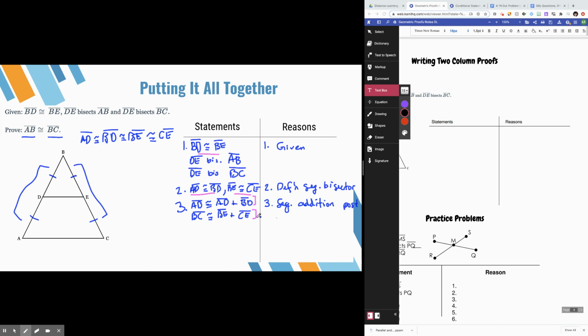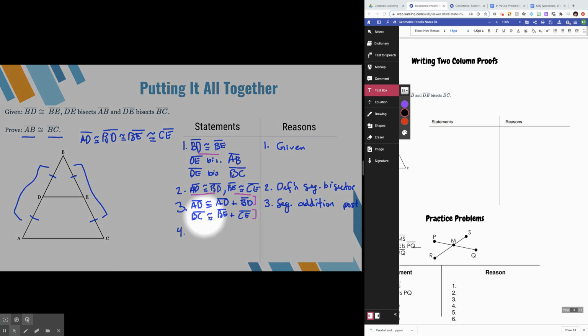Okay, so for number 4, what I need is for this equation, BC is congruent to BE plus CE, I need this, BE plus CE, to turn into this, AD plus BD. And I can do that just by substituting in AD for BE because I know that they're congruent, right?